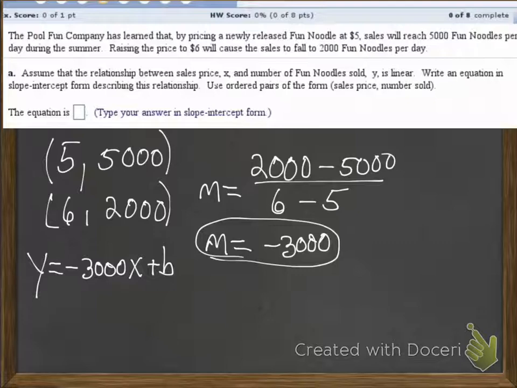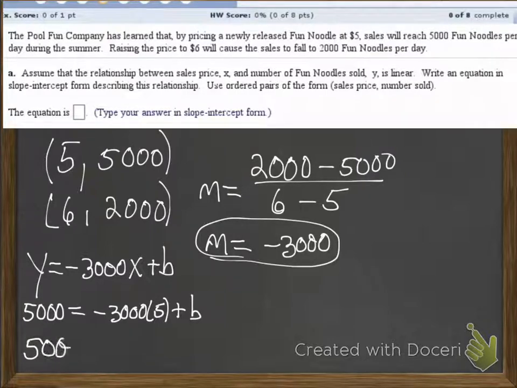Let's say we pick the first 5 and 5,000. 5,000 for Y. Trying to get 5,000 equals negative 15,000 plus B. And then we want to solve for B, so here it's as simple as adding 15,000 to both sides.